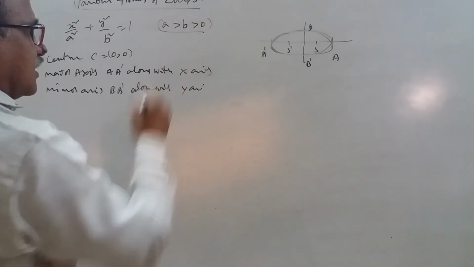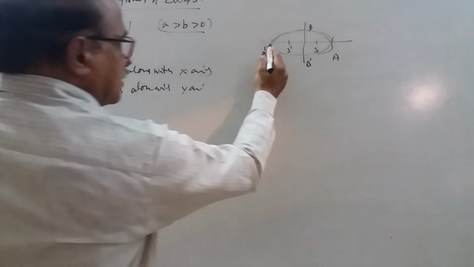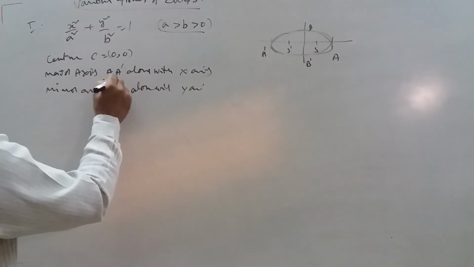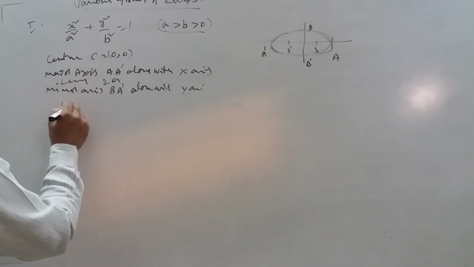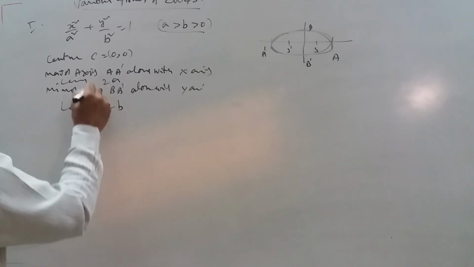The length of the major axis is 2a, and the length of the minor axis is 2b.